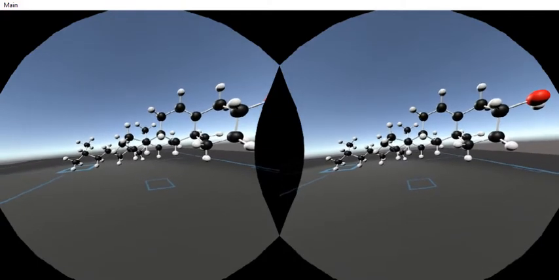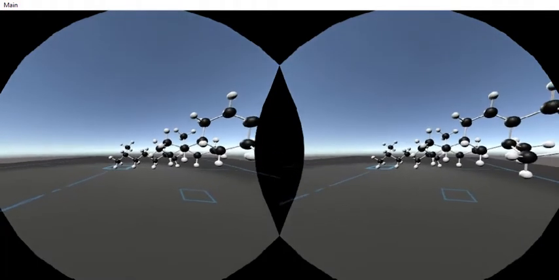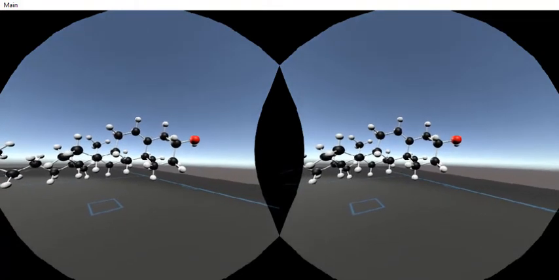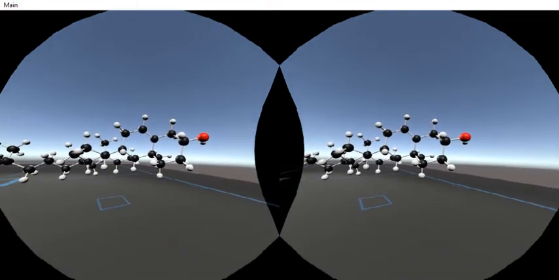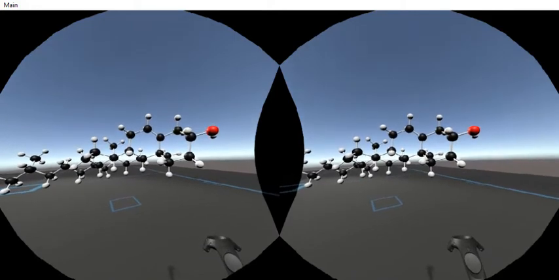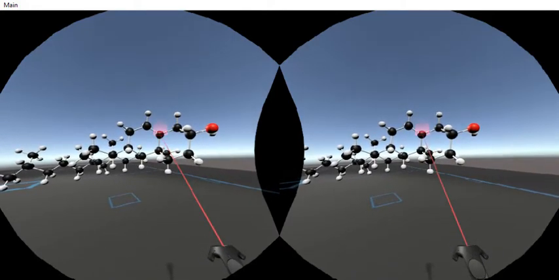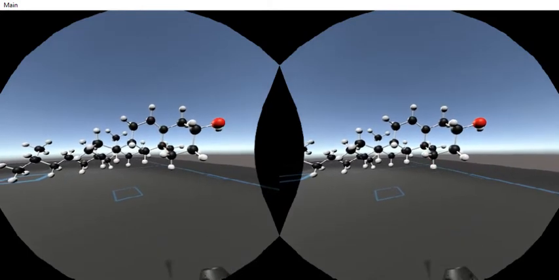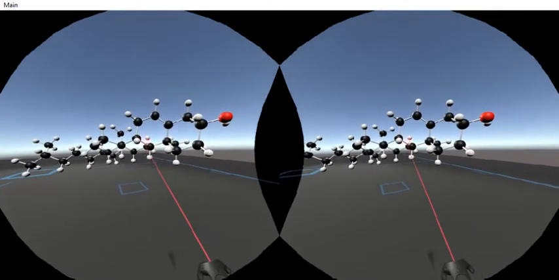So now we can start looking at the ring fusions. For the first 2 rings here, and there's an OH group right there with the oxygen red, looking at these ring fusions, this is a carbon-carbon double bond. And you can kind of see that from the 1 hydrogen.